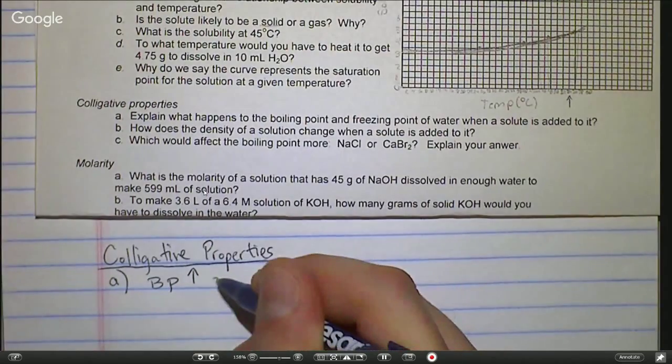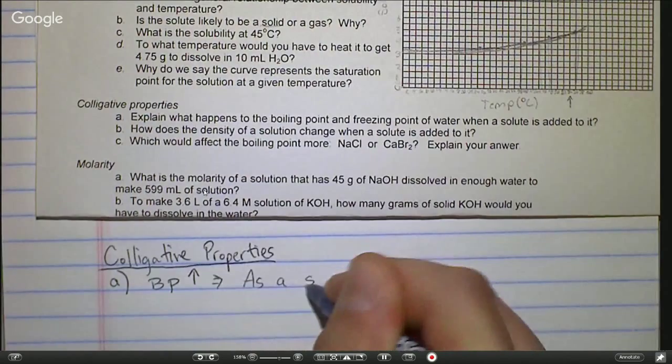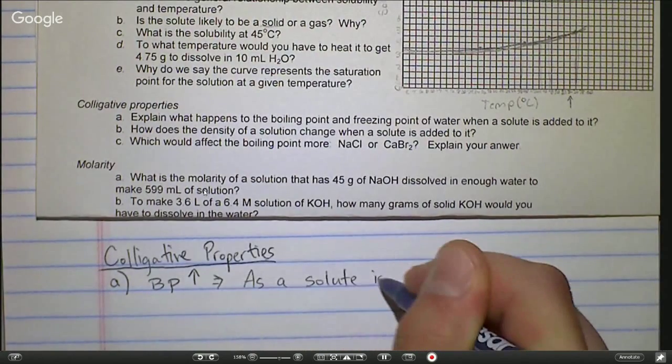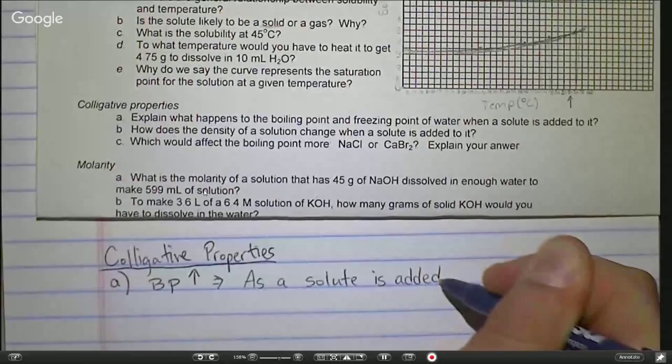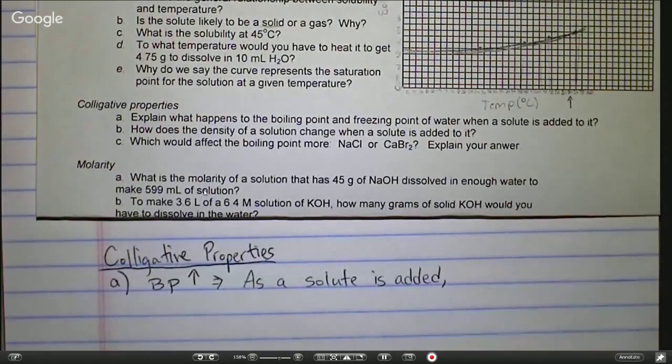And so what's going on there is, as a solute is added, we're looking at the intermolecular forces within water. For them to overcome or have enough energy to change phases from liquid to gas, that has to be greater than the forces and attractions between water and the particles themselves. Okay.